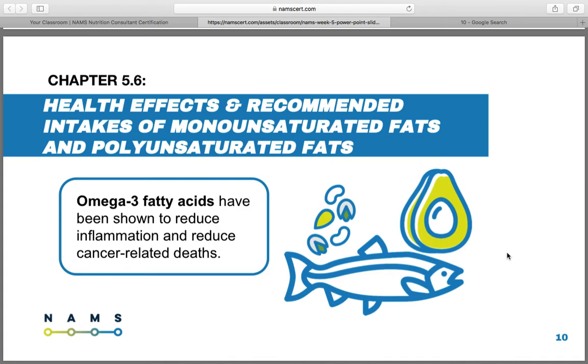If you're taking in these foods on a regular basis, you should be meeting your omega-3 fatty acid intake. If not, guys, there are alternatives where you can take supplements to get your omega-3 fatty acids in. That's something that I do, and I can also recommend certain supplements to you guys if that's something you're interested in trying out.